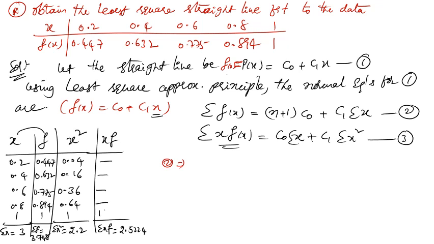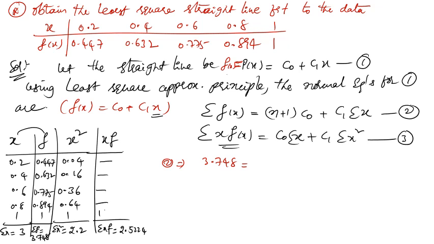Equation 2 implies 3.748 equals, what is the length of the data? 1, 2, 3, 4, 5. Here n means length.